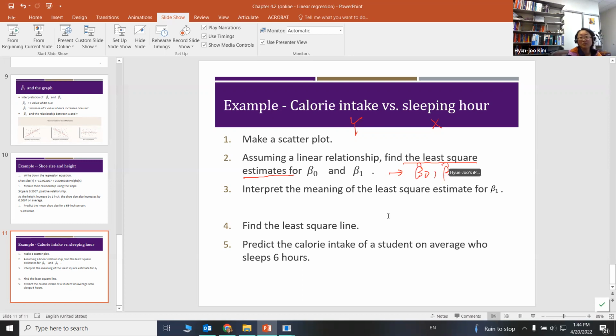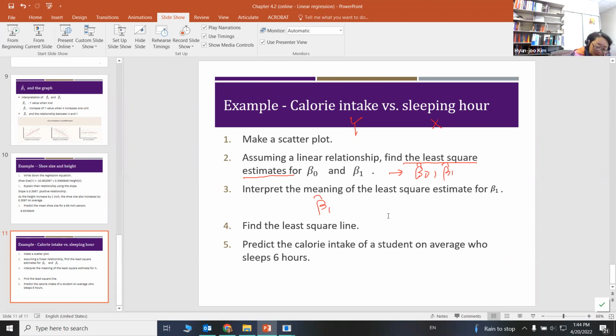So what that means is, guess what the beta naught and beta 1 are. So what are those actual values? That's what that means. And then interpret the meaning of the least square estimate for beta 1. So this is your slope, right? So how you're going to use the slope value to interpret the relationship between calorie intake and sleeping hour.